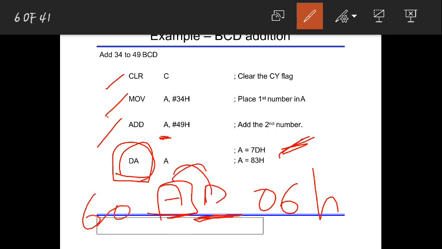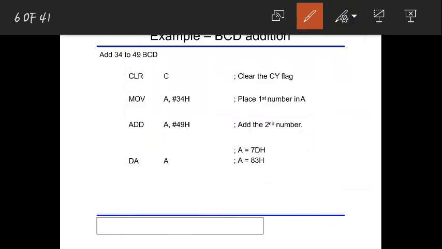If both are greater than 9 at a time, you need to add 60 for higher bits and 06 for lower bits. So you are just adding 6 for higher and for lower. Then you get it in BCD format, that is 83.